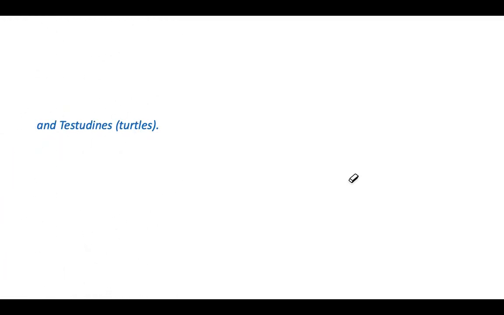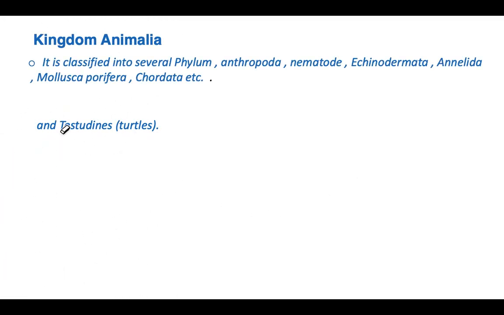Then we can look at the kingdom Animalia, for example. Kingdom Animalia is classified into several phyla. We have Arthropoda, Nematoda, Echinodermata, Annelida, Mollusca, Porifera, and also Chordata.